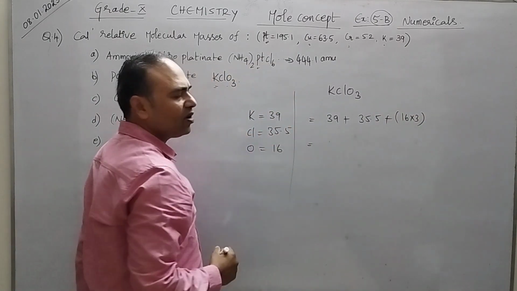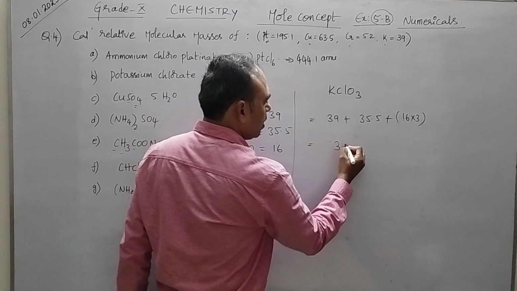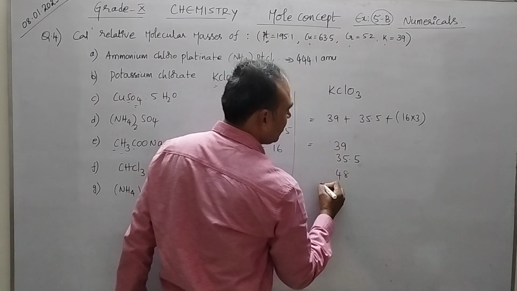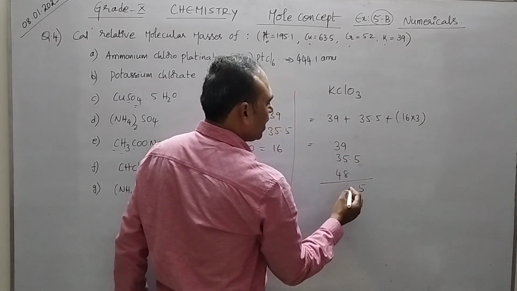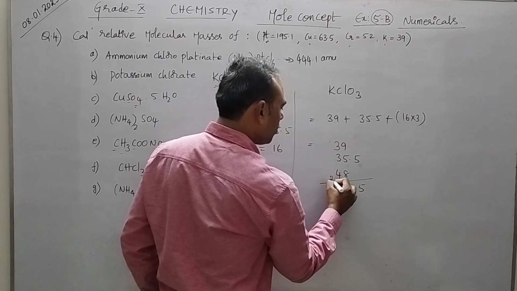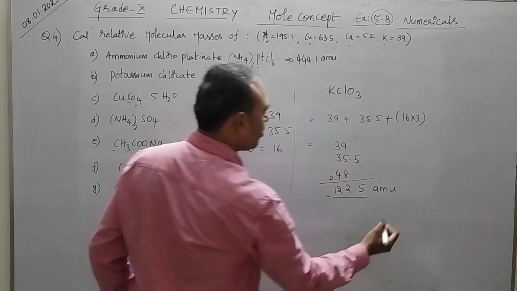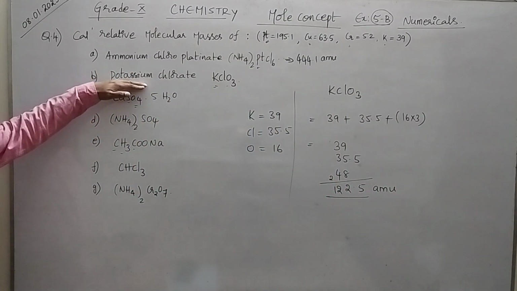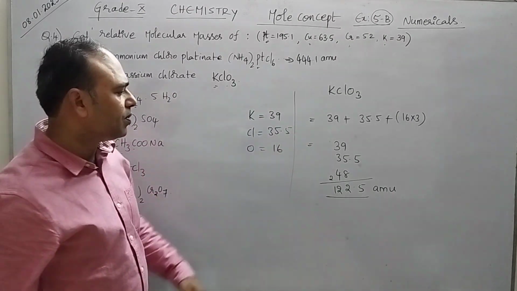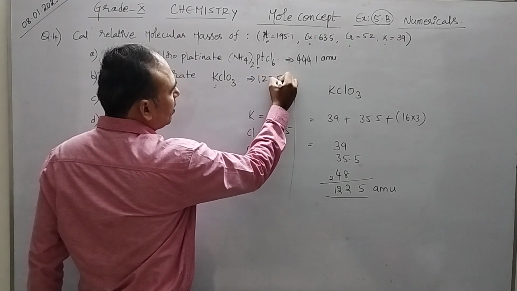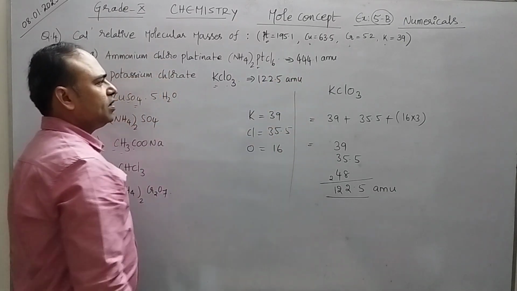Individually if you add this, what do you get? 39, 35.5, 16 into 3 we get 48. So 9, 17, 22. So we got 122.5 atomic mass unit. For potassium chlorate we have calculated the molecular mass and we'll write the answer here, nothing but 122.5 atomic mass unit.